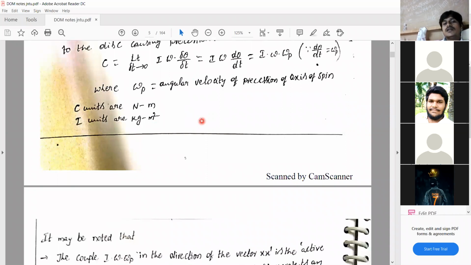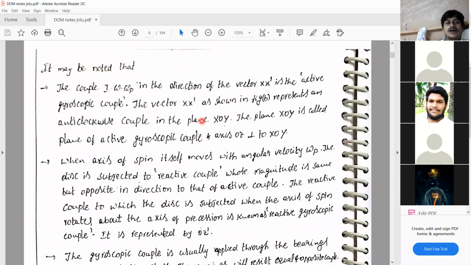Now here there are some cases belonging to the gyroscopic couple. In the first case, the couple I omega omega p in the direction of vector xx dash is the active gyroscopic couple. Why? Because when we take the vector xx dash, observe figure B, it represents an anticlockwise couple in the plane XOY.